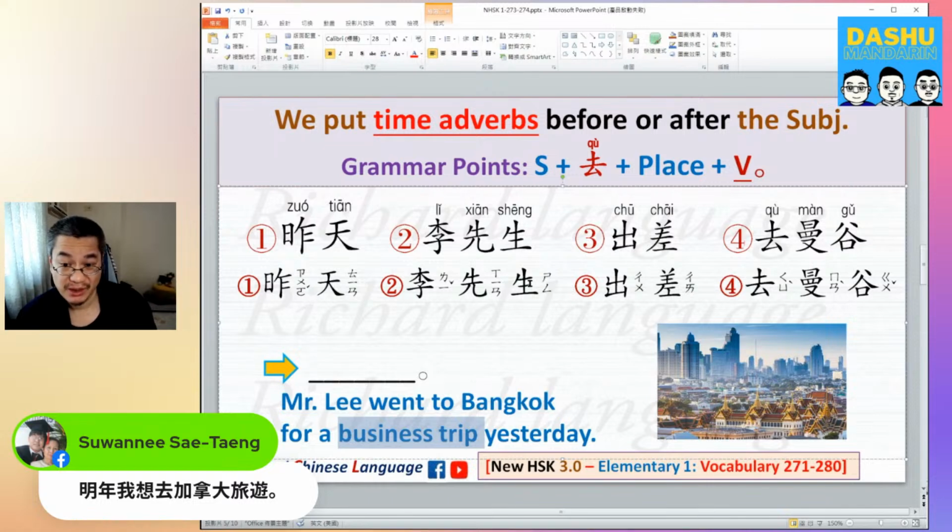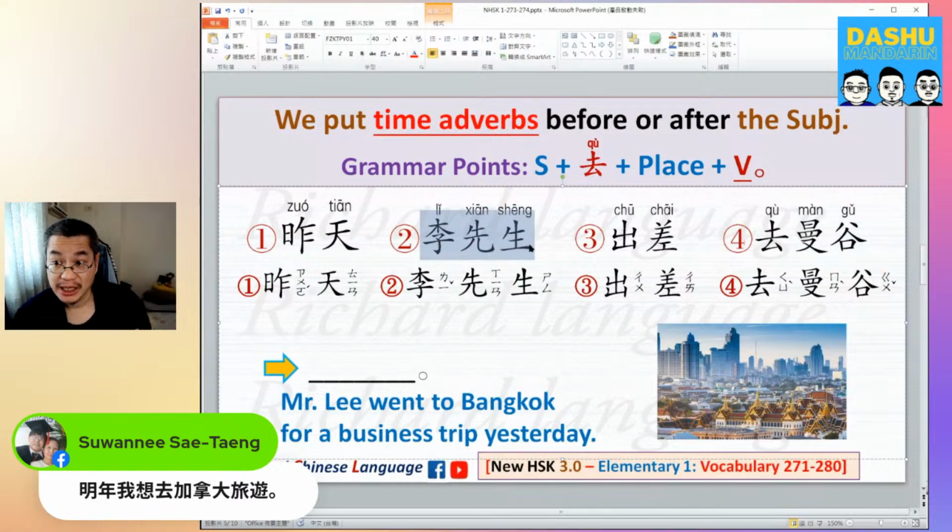This is a verb, like go on a business trip. 去曼谷, go to Bangkok. 曼谷, Bangkok. 昨天李先生出差去曼谷.